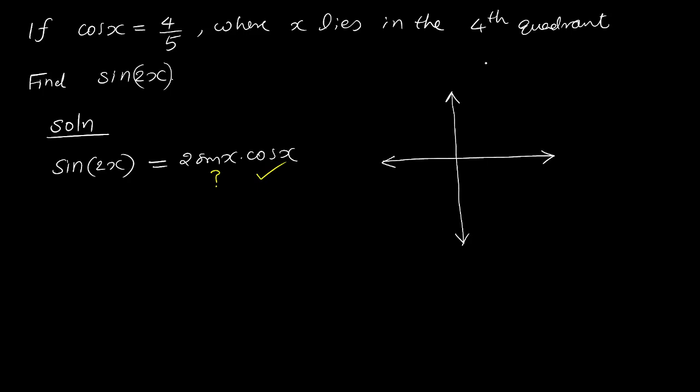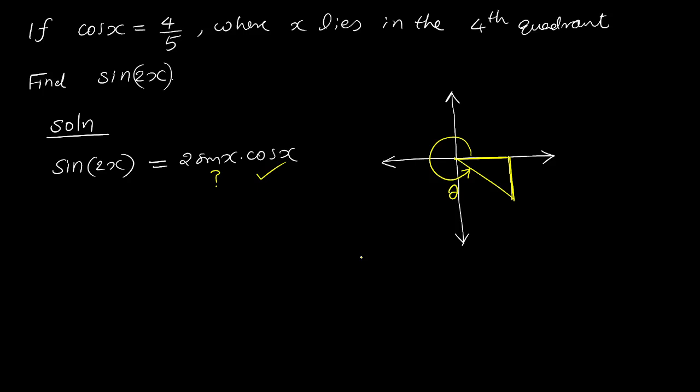So the angle will look like this. This much rotation gives the 4th quadrant. Let me complete the right angle triangle by drawing a vertical. We always make the right angle triangle by drawing a vertical. So I got a right angle triangle.